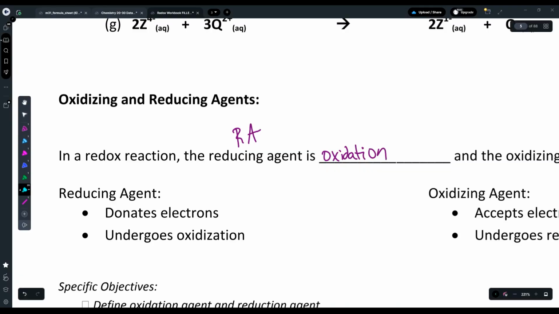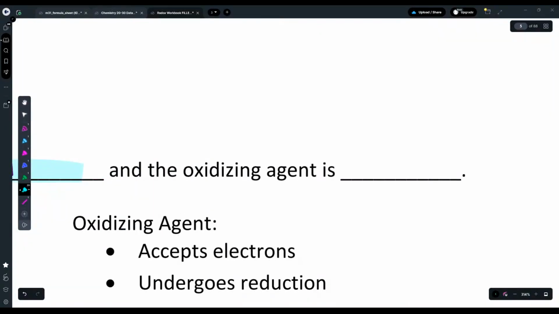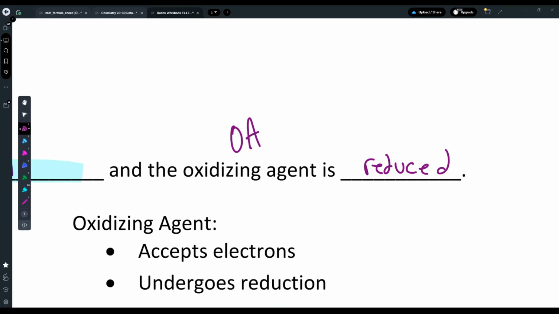Okay, so that's very important to know. Reducing agents are undergoing oxidation when they cause something else to be reduced. And the oxidizing agent is going to be reduced. Reminder, if I say OA, it means oxidizing agent.